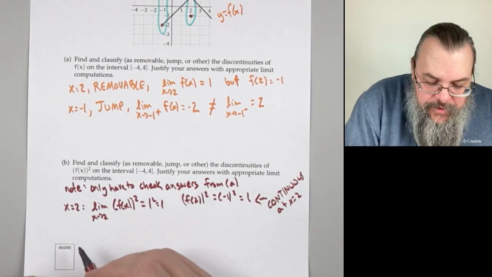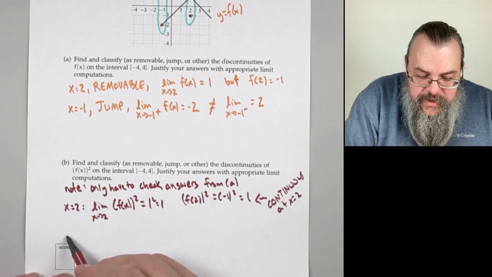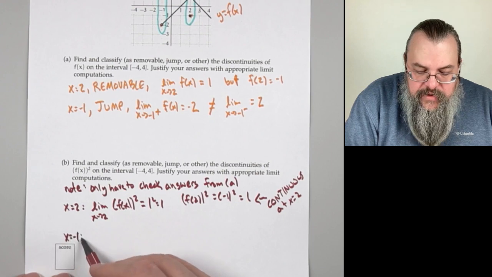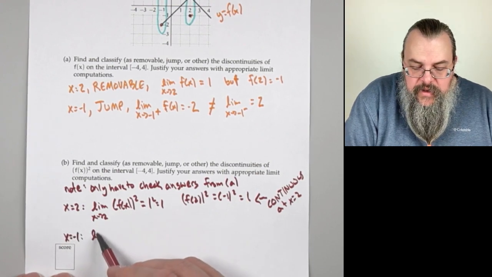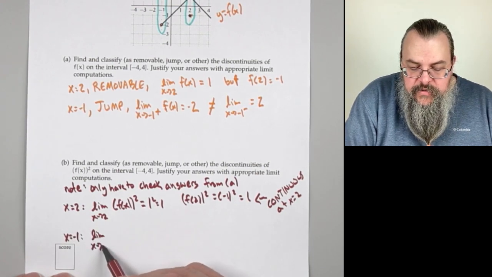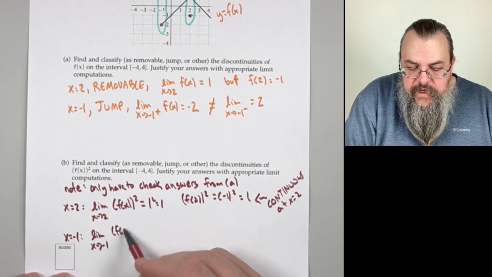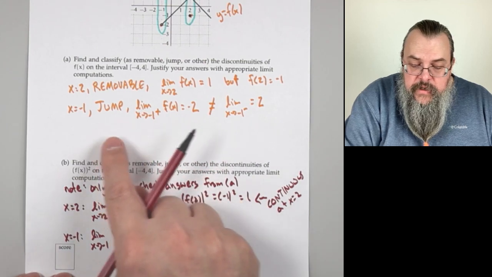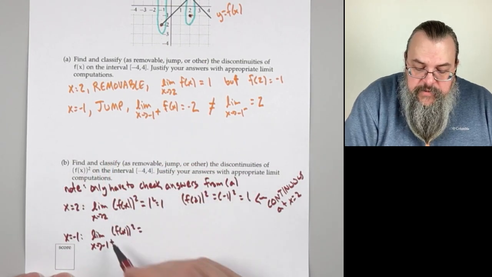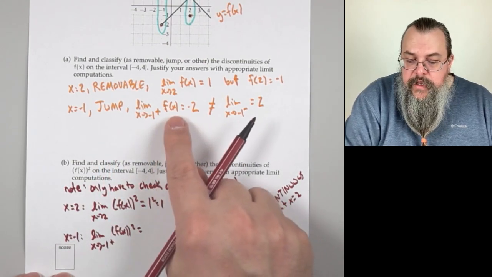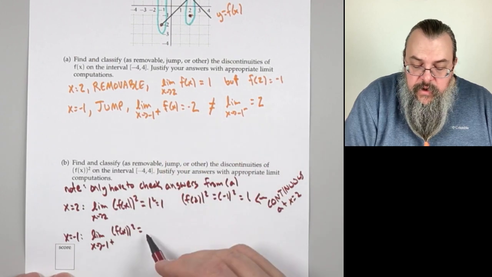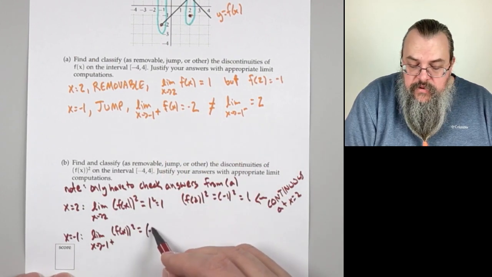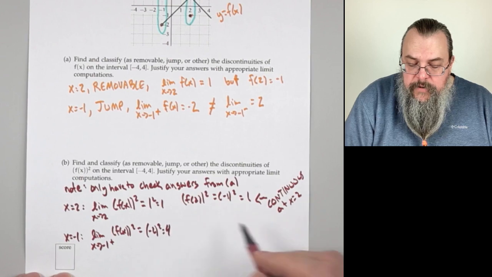Now what about x equals minus 1? Okay, so let's try this out. The limit as x approaches minus 1 of f of x squared. Let's approach it from above first. I can use this and say it's negative 2 squared, which equals 4.